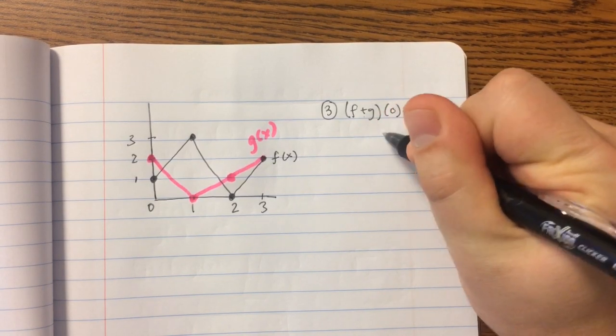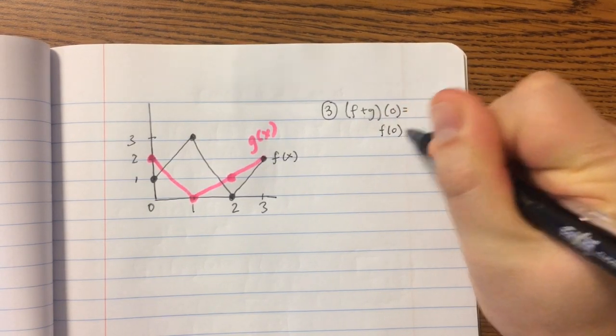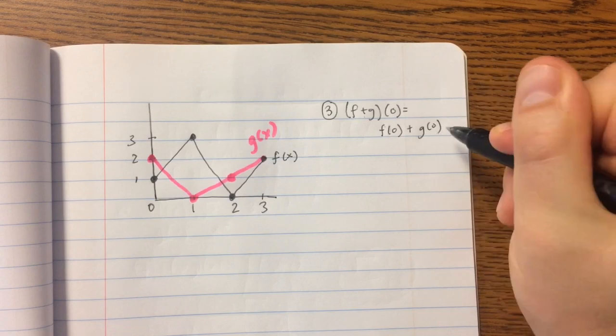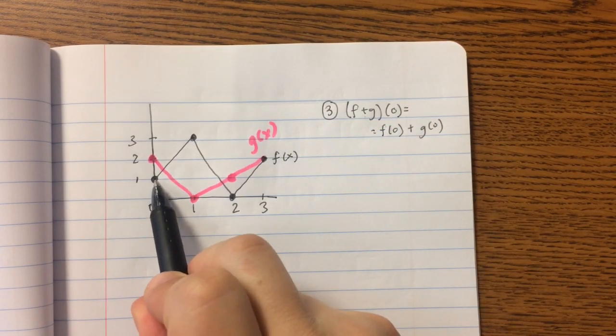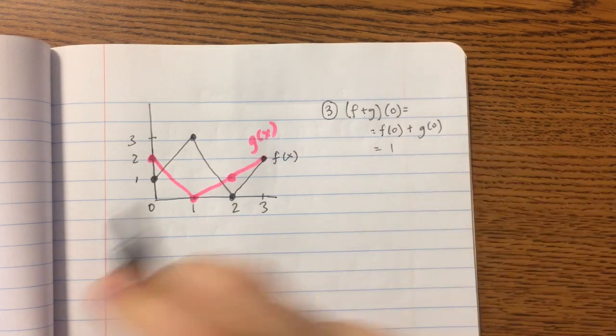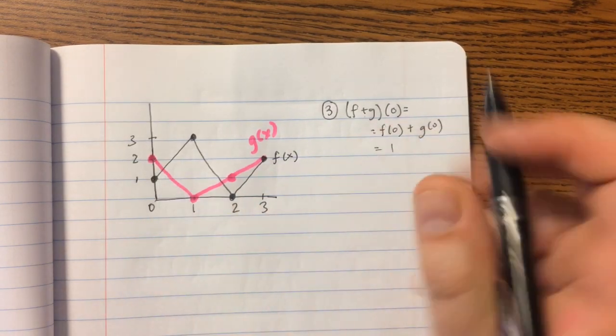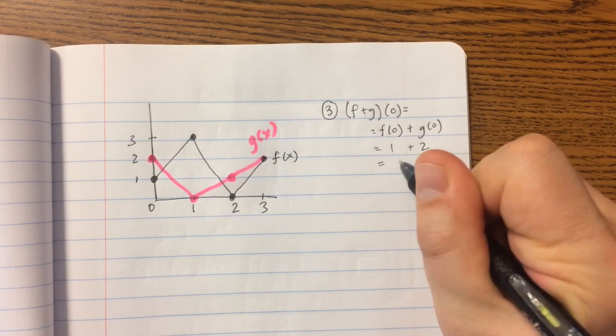So f of 0 plus g of 0. f of 0 is 1. g of 0 is 2. So 1 plus 2 is 3.